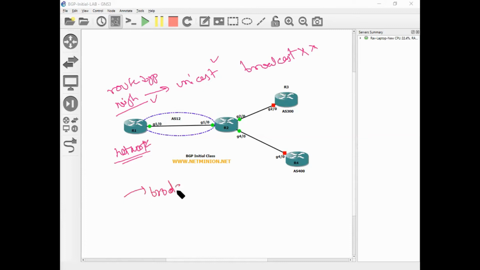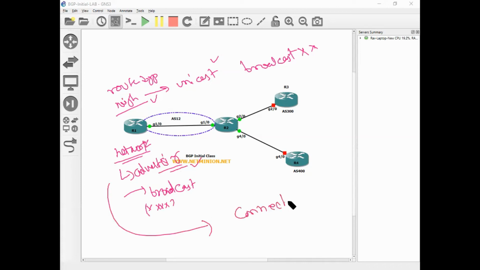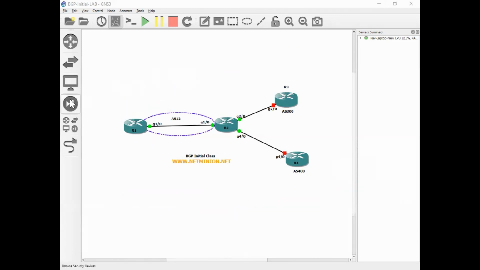But this time it is not used for that purpose. The network command is only used for advertising that network. And you can advertise those networks which are connected to you, or secondly, which are in your RIB. Either it is connected to you or not, doesn't matter. We will talk about these things later on. Very important. Maybe you guys are not able to understand it now, but let me go further and show you more things.